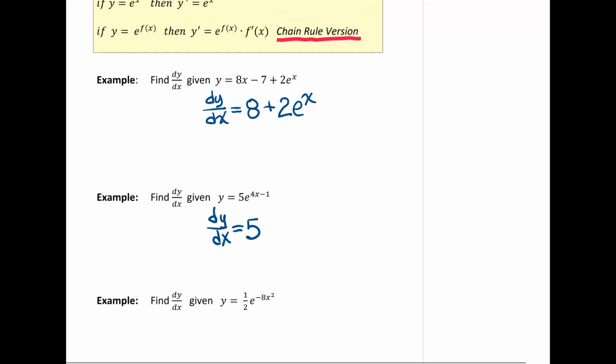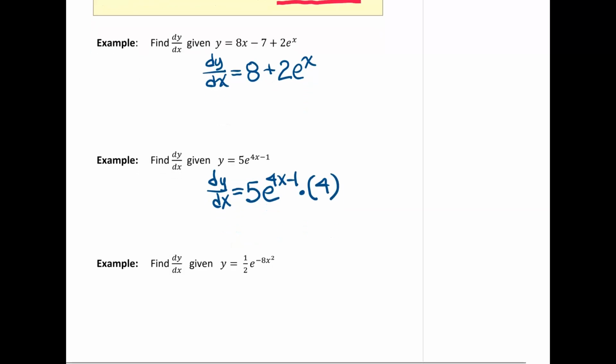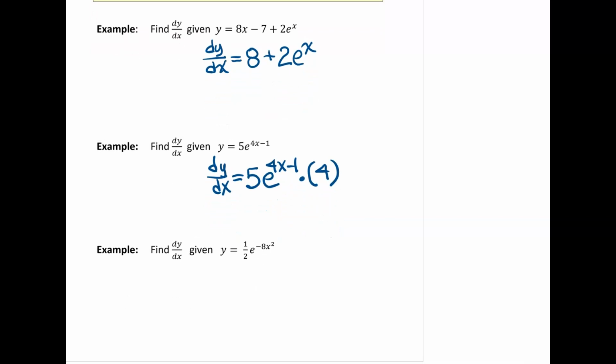And again, I'm using the second rule, so the derivative of e to the 4x minus 1 is the same, e to the 4x minus 1. That doesn't change, but times the derivative of 4x minus 1. So the derivative of 4x minus 1 is 4. So that's a chain rule: the derivative of the outside times the derivative of the inside.